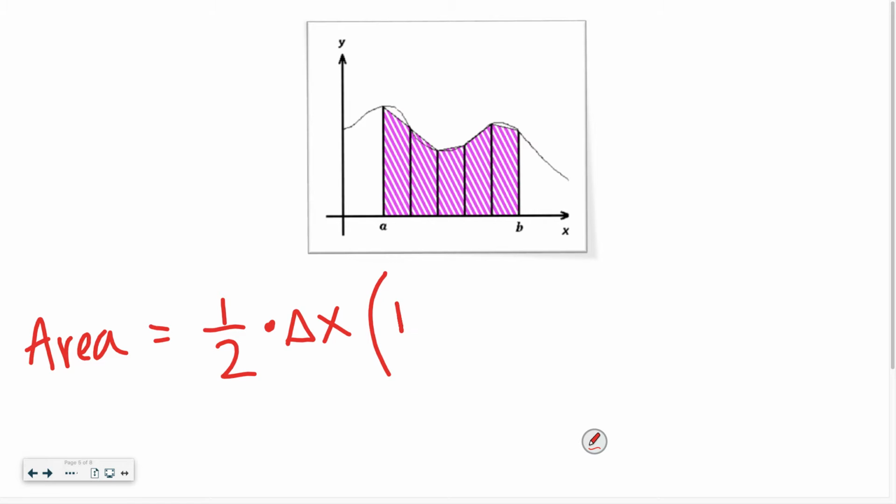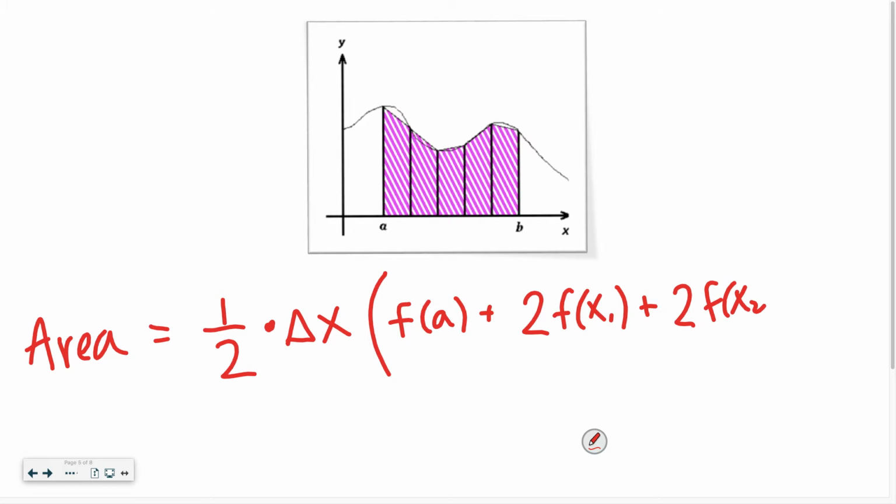I'm going to write f of a plus 2 times our next base plus 2 times our next base all the way until we get to B.